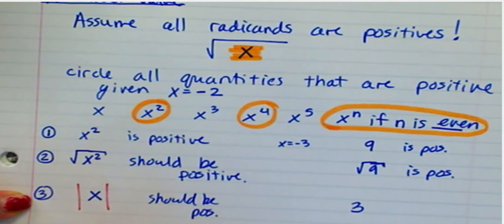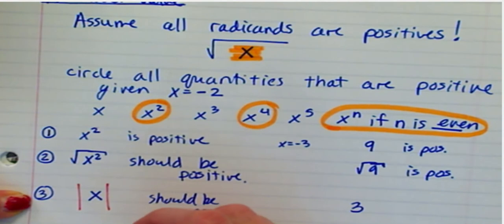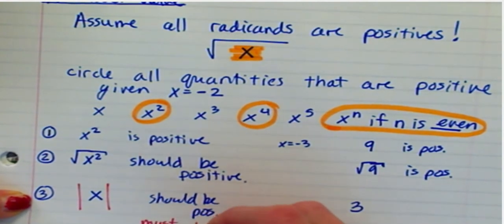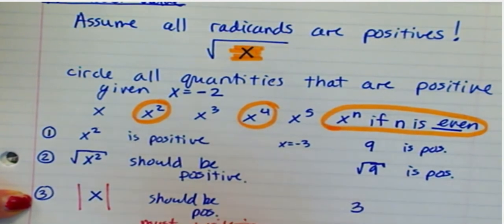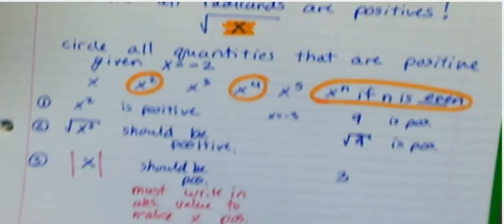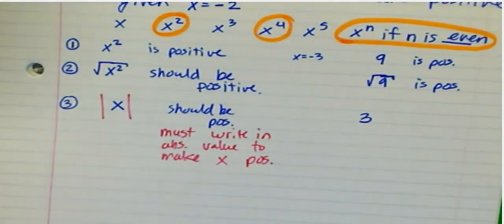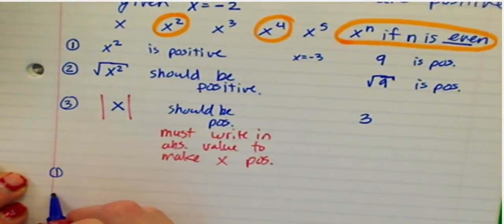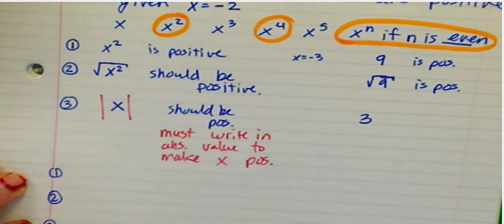So you're going to have to make it positive by writing in absolute value. You must write in absolute value to make x positive.